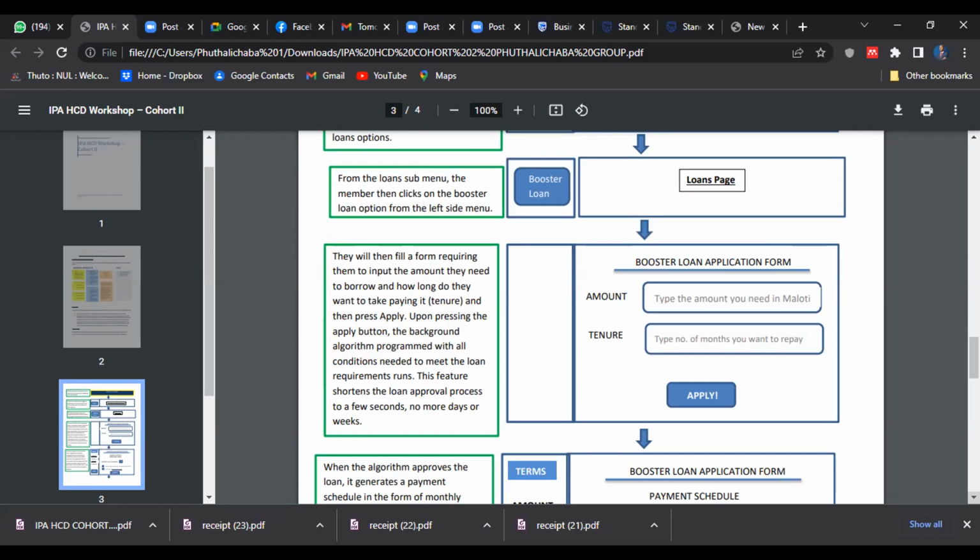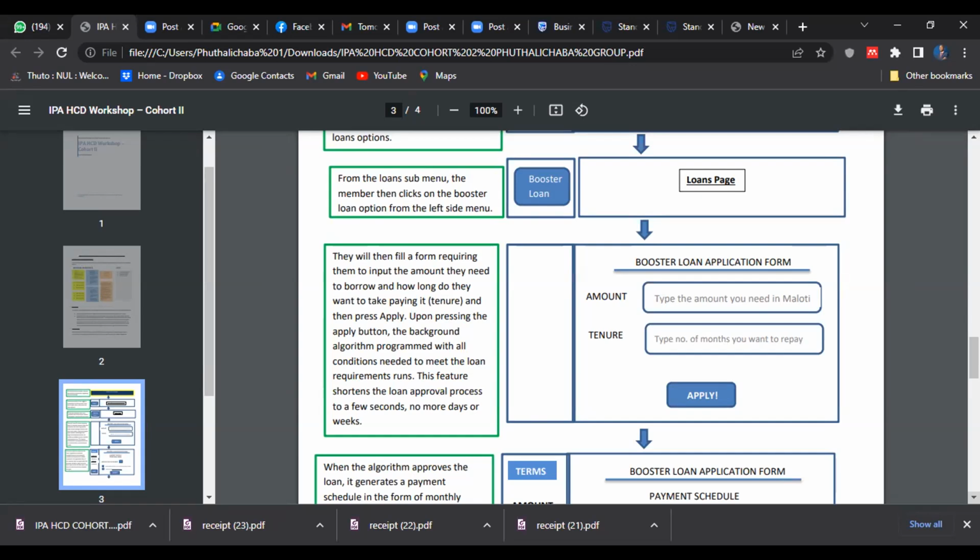And then for us, we are able to tell you the amount of the loan you qualify for based on how much savings you have.